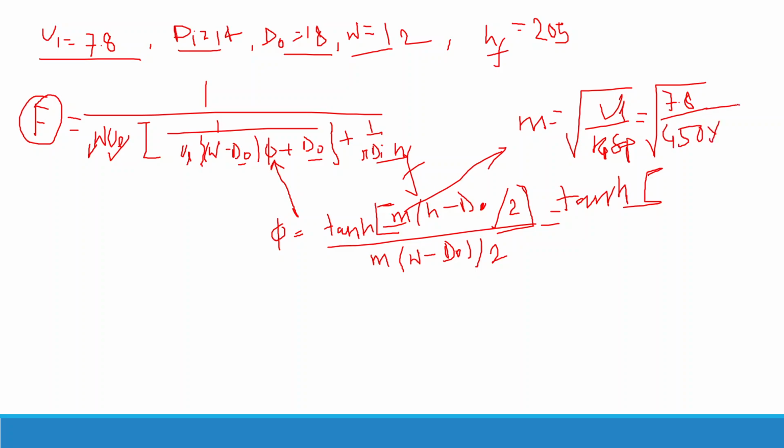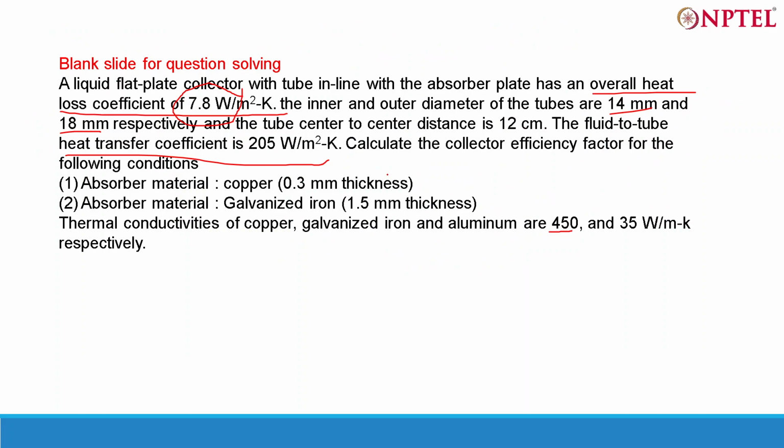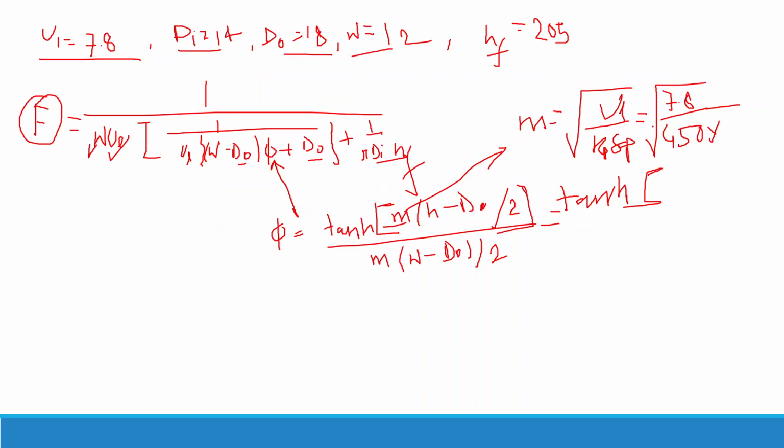How much is the thickness of the plate given? 0.3, observe the material is copper. This is in mm, so try to convert it to meters.